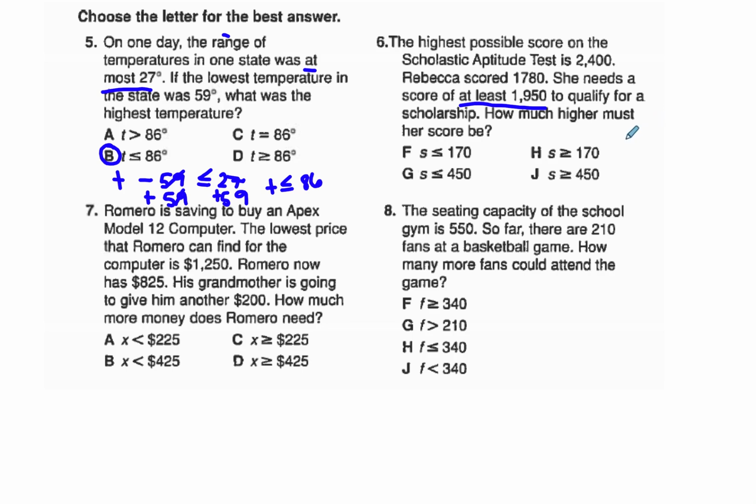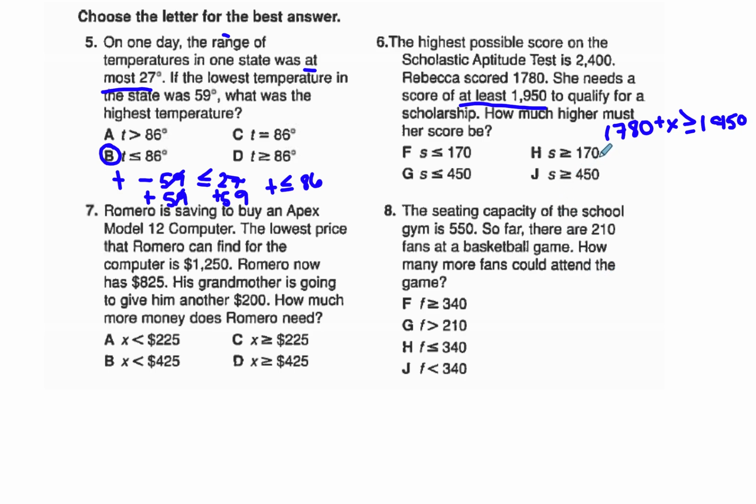All right, so we know at least means greater than or equal to. So we have 1,780 plus some more extra points has to be greater than or equal to 1,950.